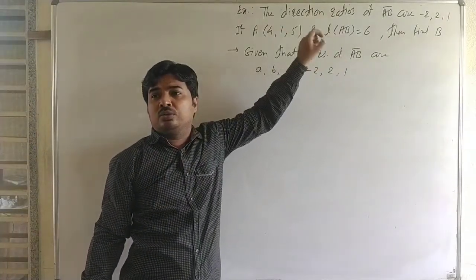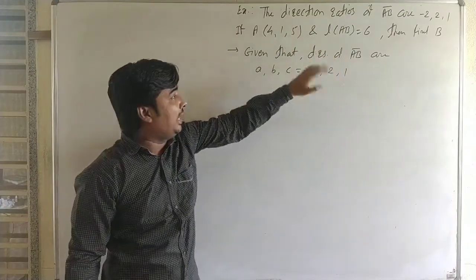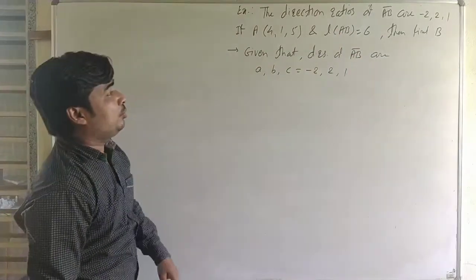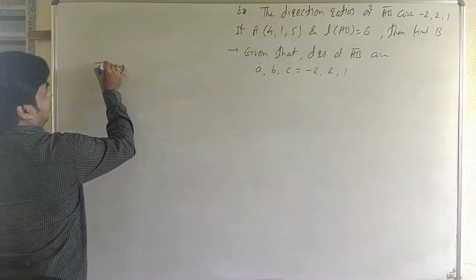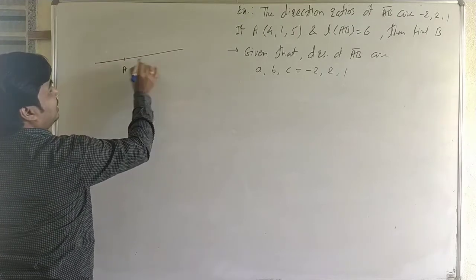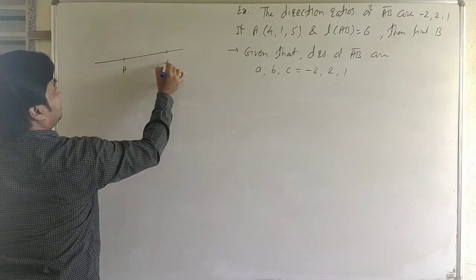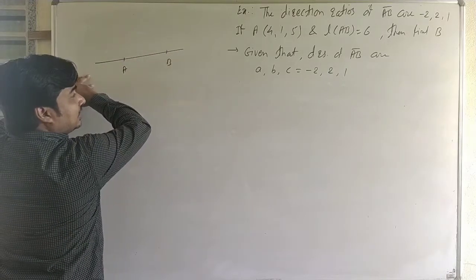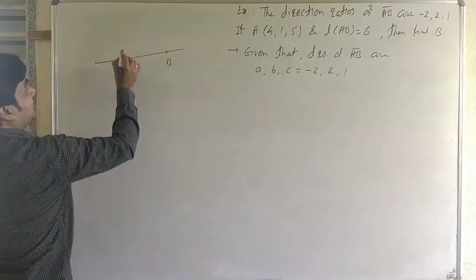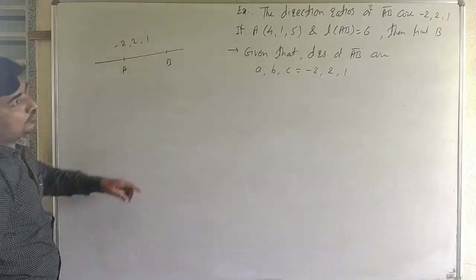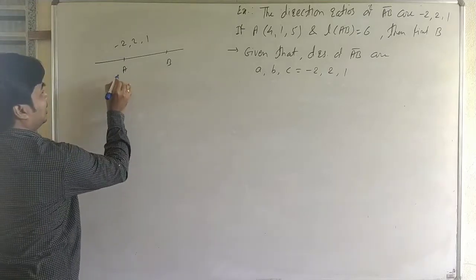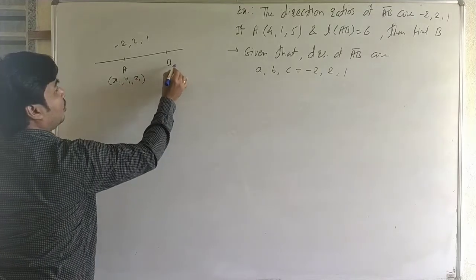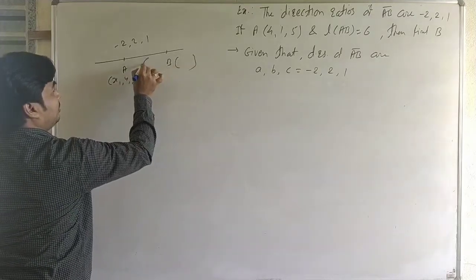We want to find the coordinates of point B, and it is given that the length AB, that is the distance between points A and B, is D. The direction ratios of the line along AB are -2, 2 and 1. Point A is given as x1, y1 and z1.